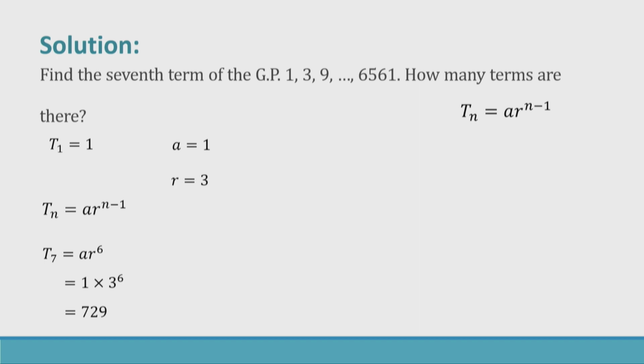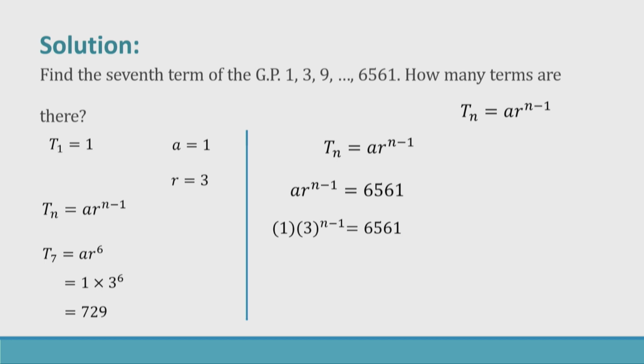Now we also need to find how many terms we have in this GP. So Tn is AR power n minus 1, and I equate it to 6,561. I replace A by 1 and R by 3. I get 3 to the power of n minus 1 equal to 3 to the power of 8.